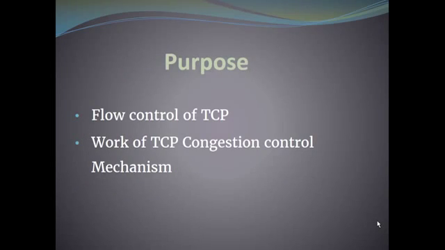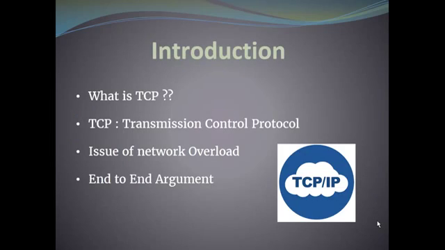The main purpose of this video is to analyze the TCP congestion control mechanism, but for that we need to understand some basics of TCP. So we will also see the flow control of TCP. Transmission Control Protocol, known as TCP, is a more sophisticated transport protocol, one that offers a reliable connection-oriented byte stream service.